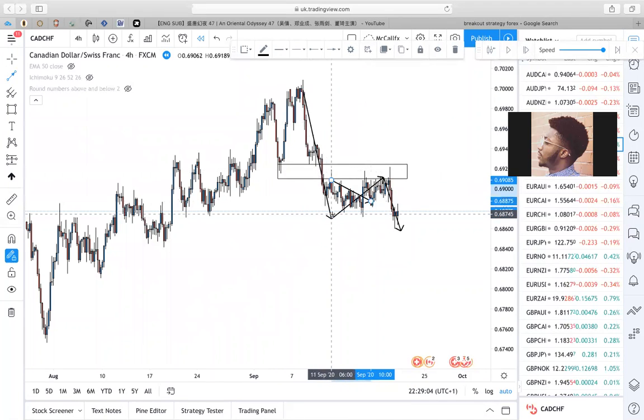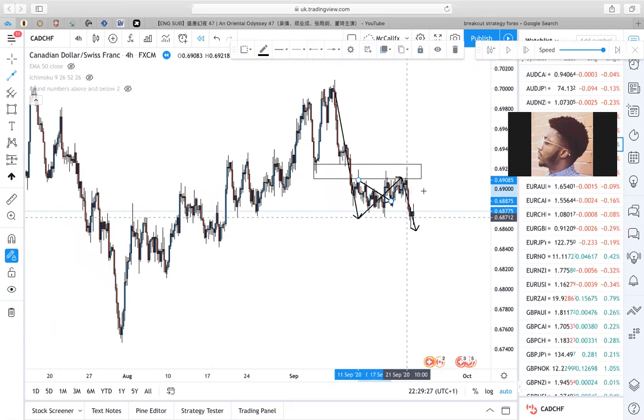It broke my line, and then it's going back to my resistance. At this level, what I'll be doing is scalping, not taking a swing trade or a long-term trade. If price gets back to my level, I just take profit. Since price broke my resistance and is hitting this, I'll be taking a sell.